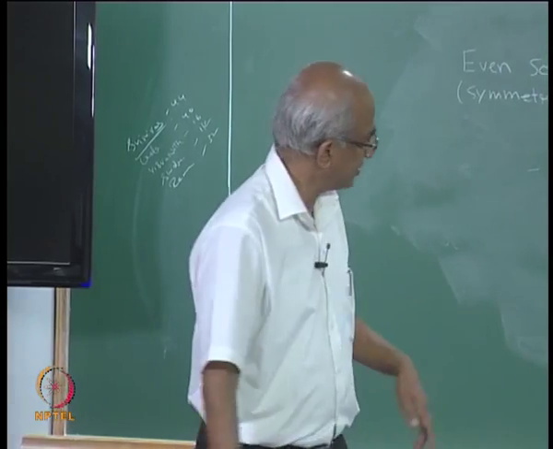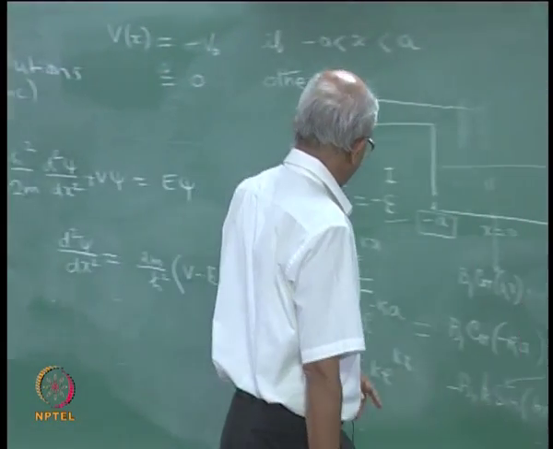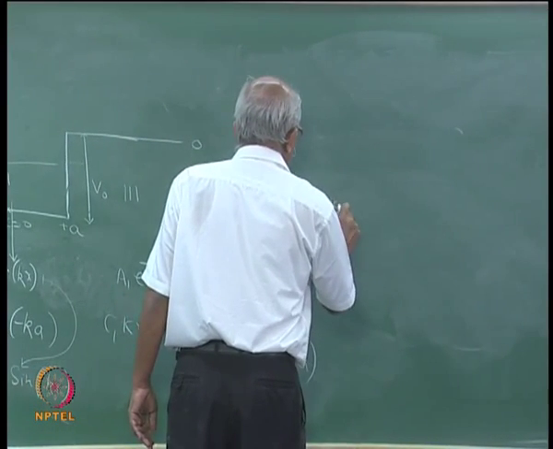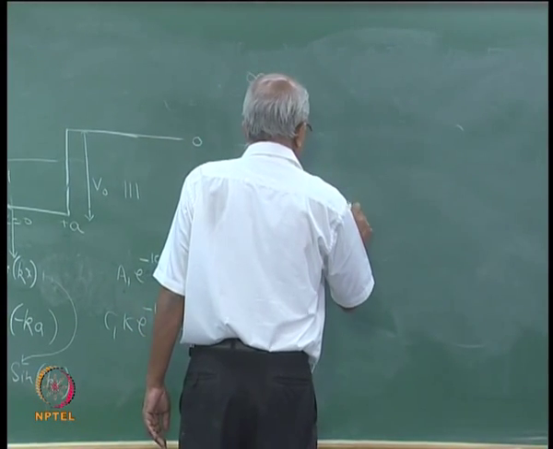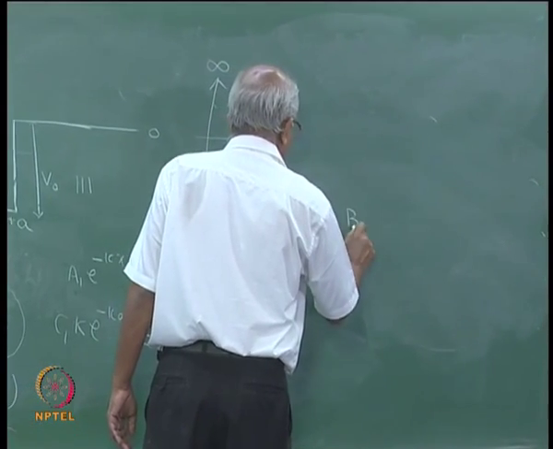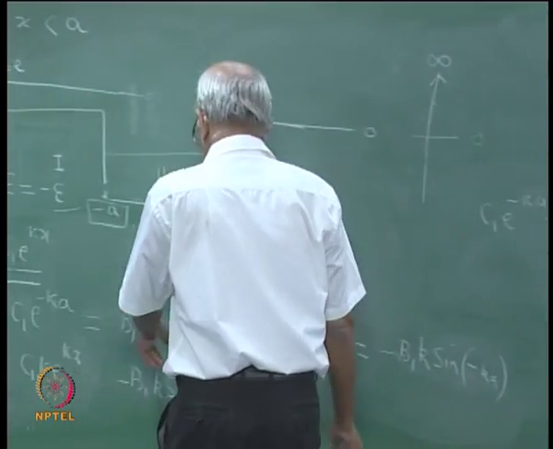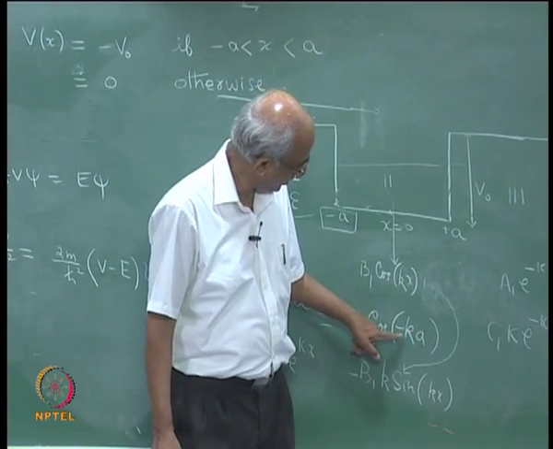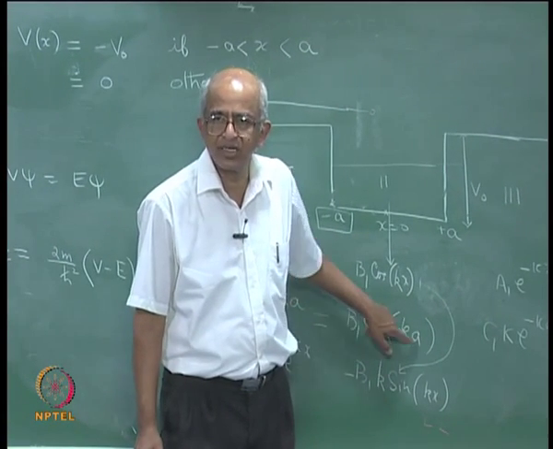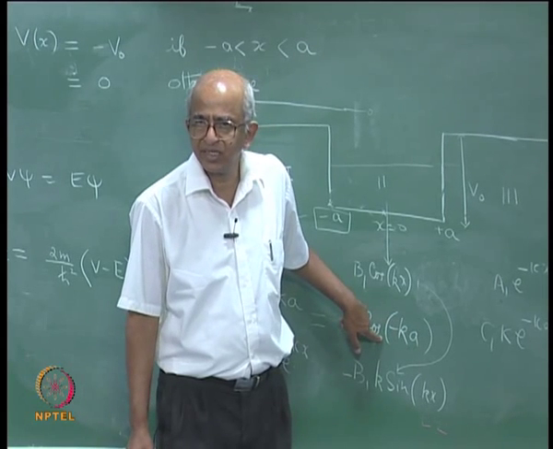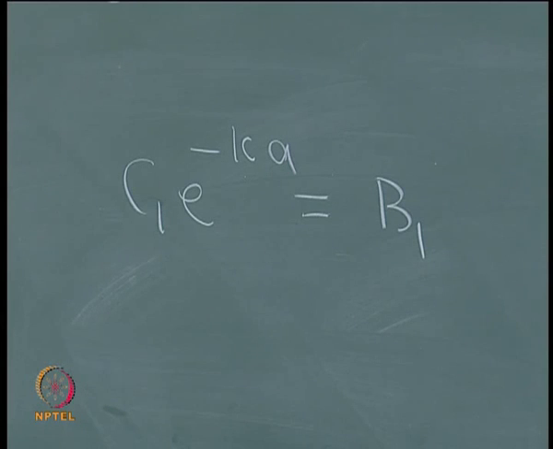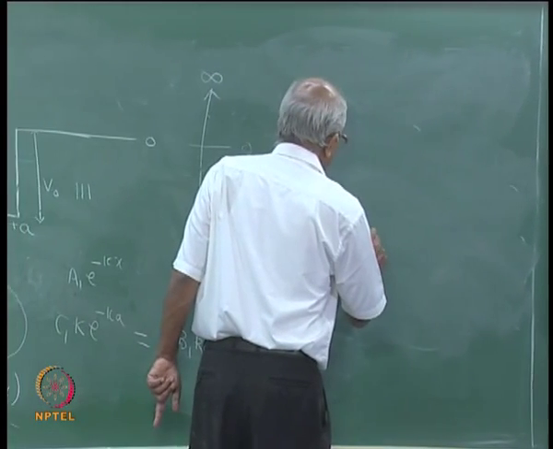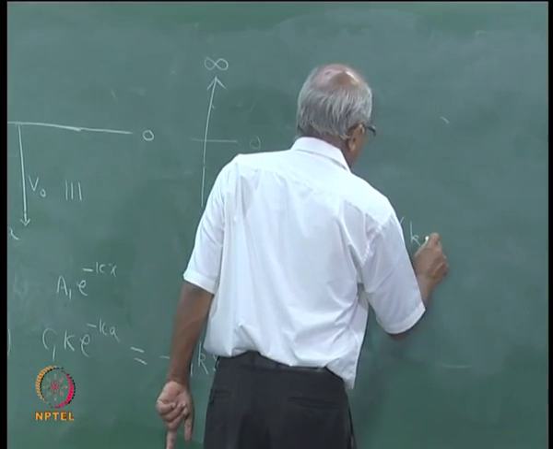So what are the two equations? Let me write them neatly somewhere. The first equation says C1 e to the power of minus kappa a must be equal to B1 cos Ka. Well, cos of minus Ka, but as far as cosine is concerned, this minus sign is not important because cosine is an even function. So this is actually equal to B1 cos Ka.